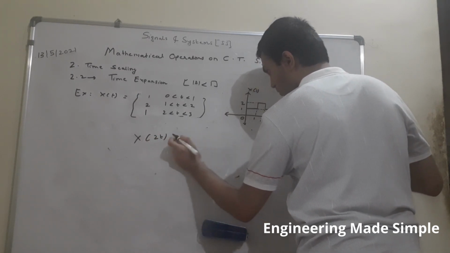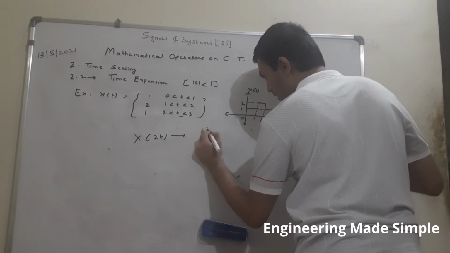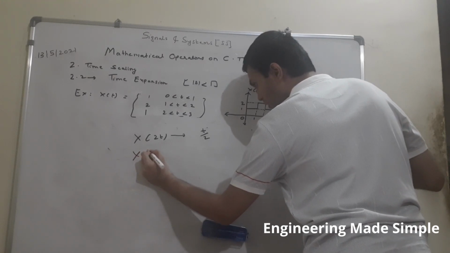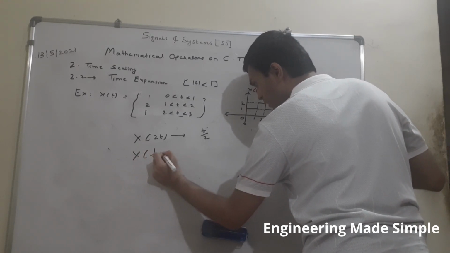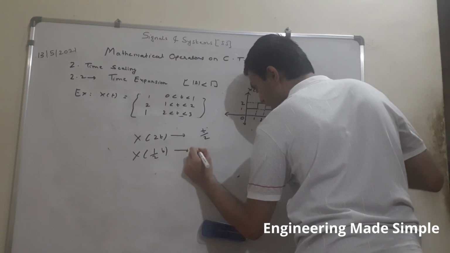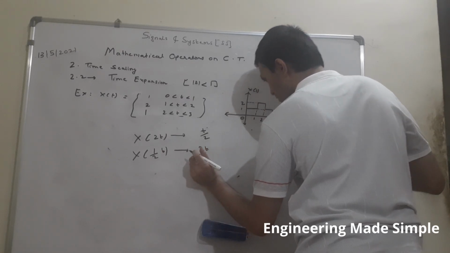Let's say you are supposed to plot x of 2t, then you will divide the time intervals by 2, and whenever you are asked to plot x of half t, you will multiply the time interval. So that's what I have done here.